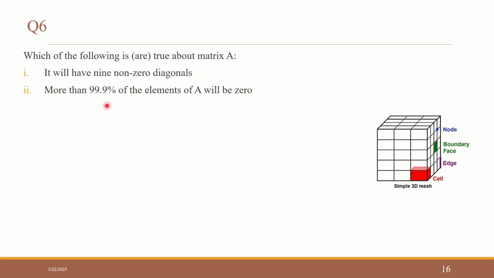Statement 2: more than 99.9% of the elements of A will be 0. Statement 3: it will satisfy the condition for strong form of diagonal dominance. These are the three statements given, and we need to identify which are true. First, the statement that it will have 9 non-zero diagonals.